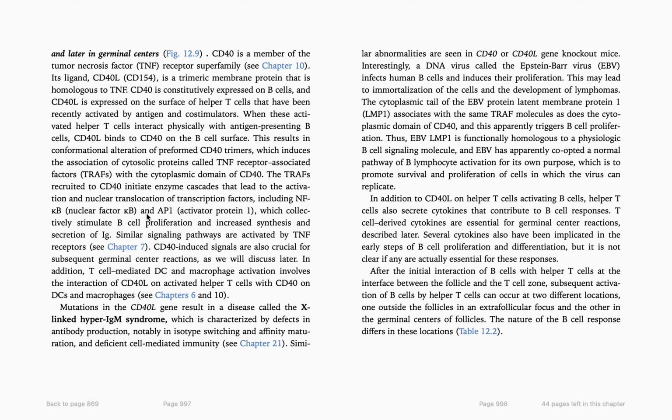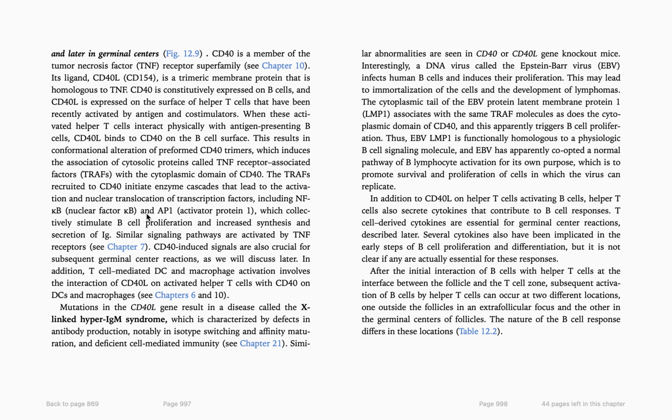CD40 is a member of the tumor necrosis factor receptor superfamily. Its ligand, CD40 ligand, which is CD154, is a trimeric membrane protein that is homologous to tumor necrosis factor. CD40 is constitutively expressed on B cells, and CD40 ligand is expressed on the surface of helper T cells that have been recently activated by antigen and costimulators.